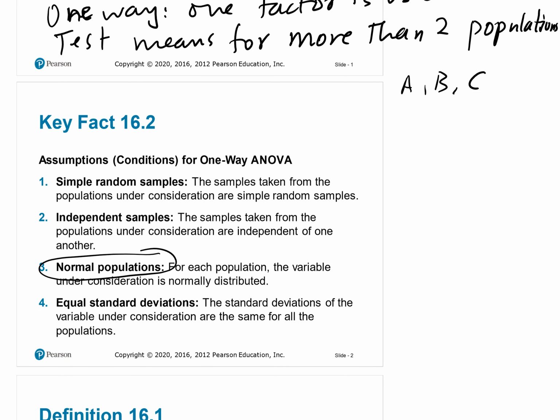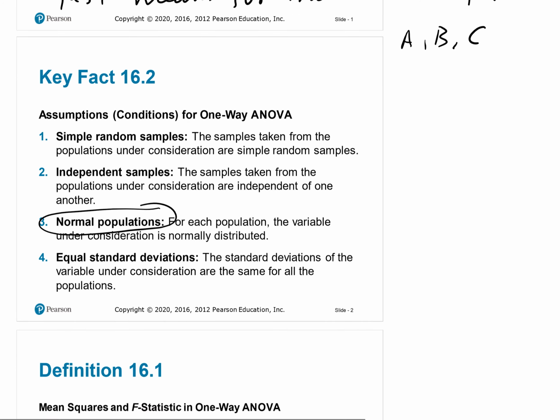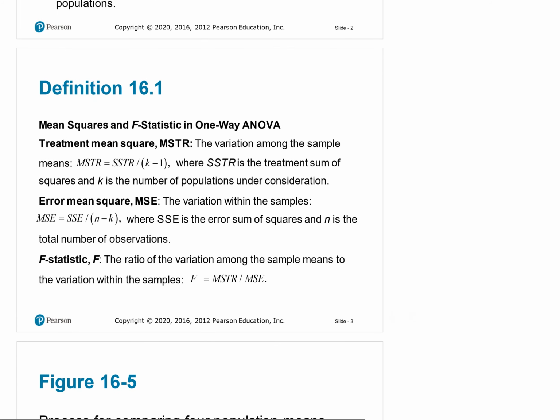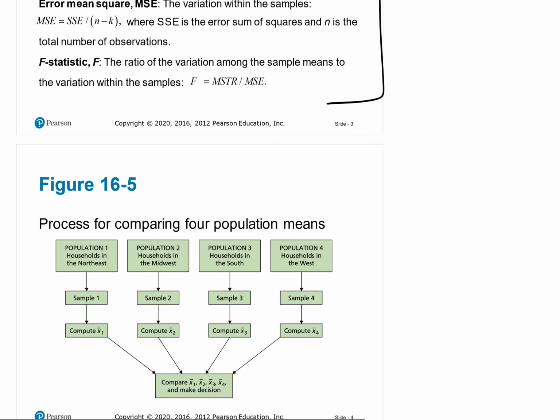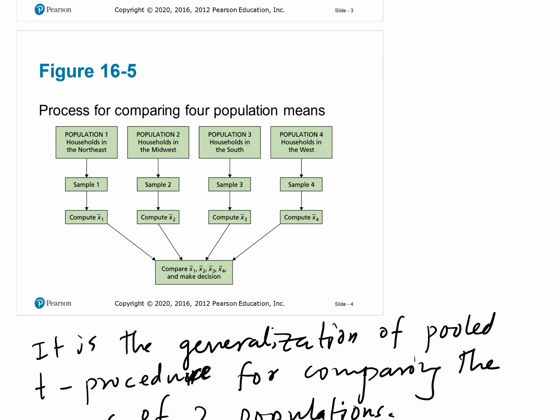These are just the conditions before we are allowed to use this test. We're not going to run through the computational part as we did in chapter 14.